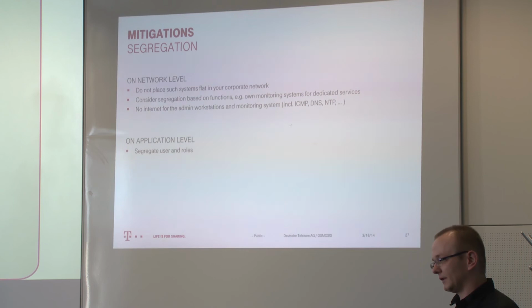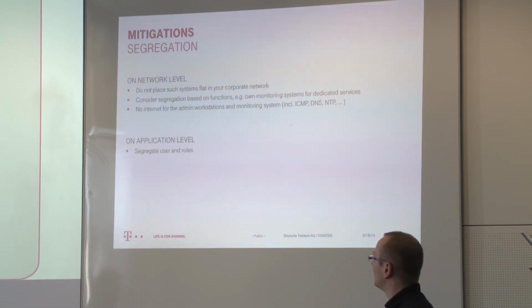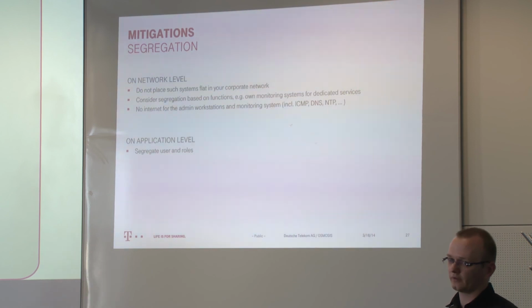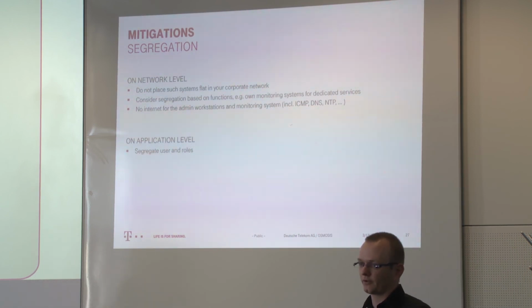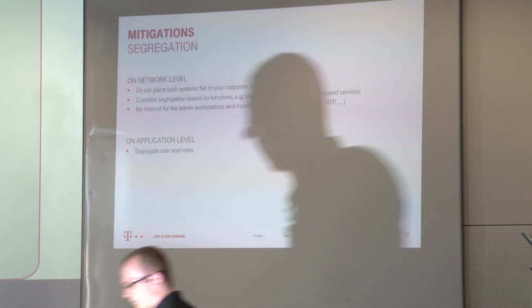And unfortunately, no internet for the monitoring system and for the administrator workstations as well. That means no DNS and no ICMP. And also on the application level, you can segregate with roles, and consider that the rights are placed in a manner that the triggers cannot be abused.